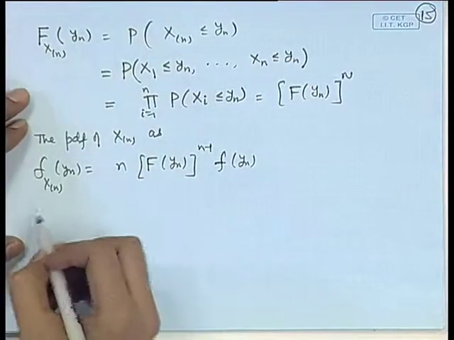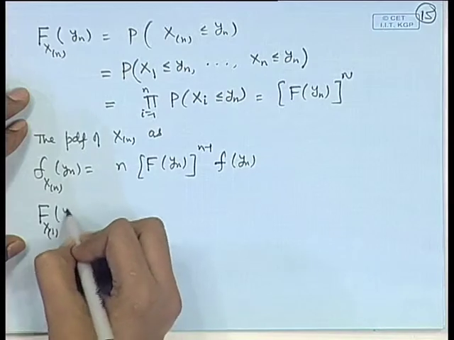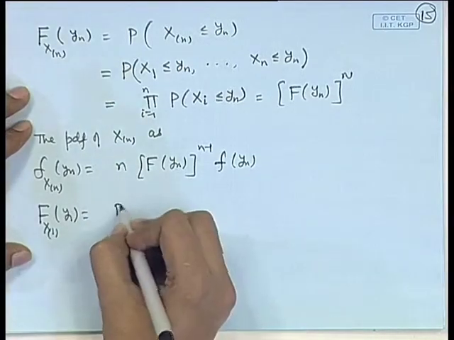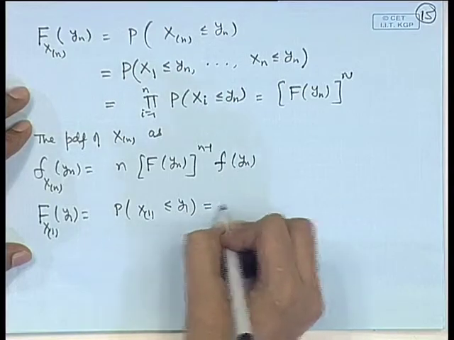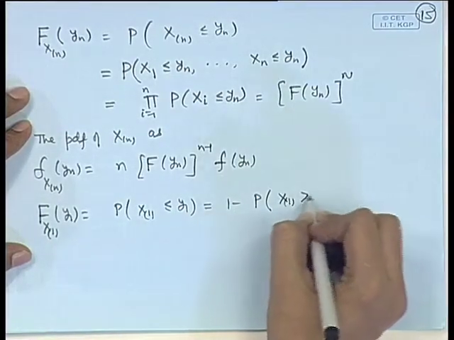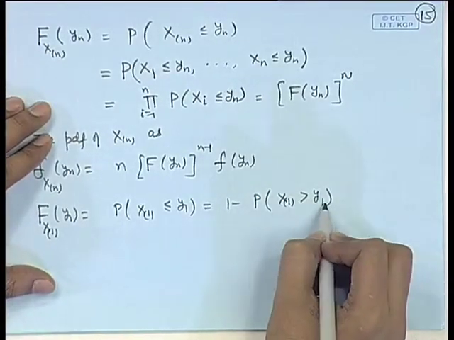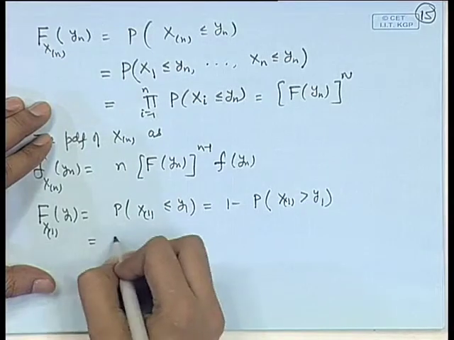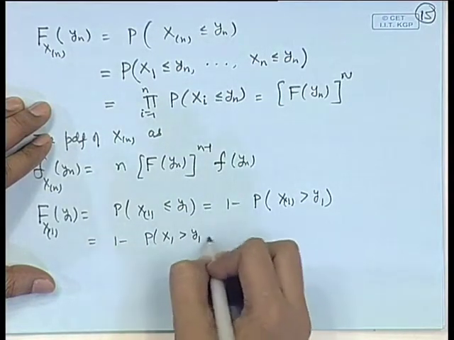In a similar way, we can obtain the distribution of the minimum also, that is probability of X(1) less than or equal to, say, y1. This we can write as 1 minus probability of X(1) greater than y1. Once again, if we are saying that the minimum is greater than y1, it means that each of the observations is greater than y1.